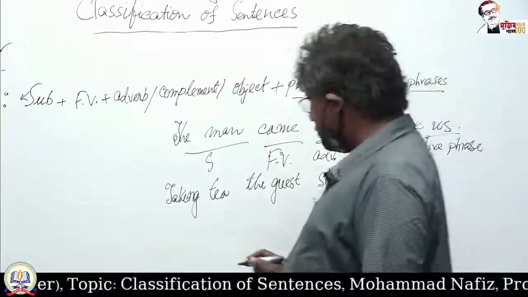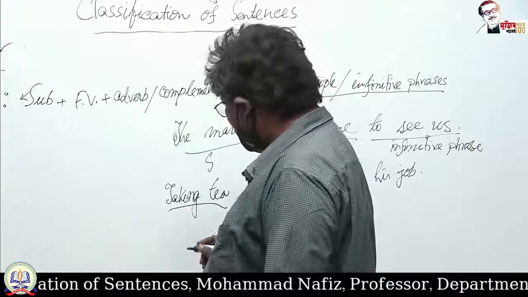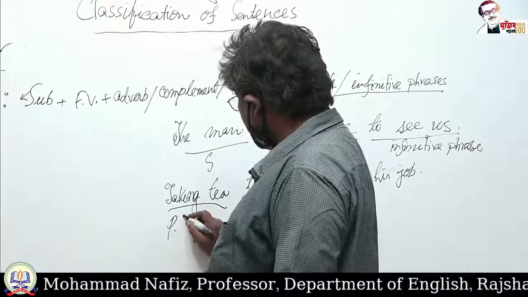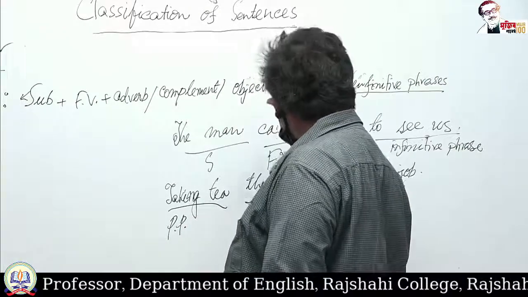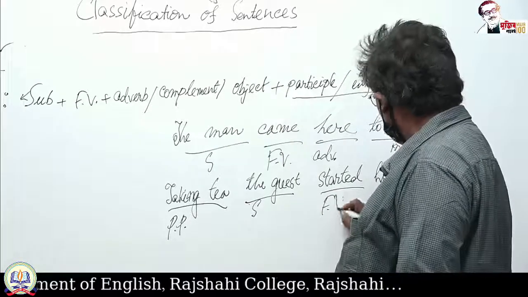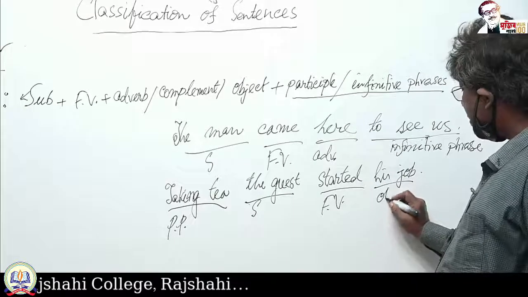In this sentence, you see, the sentence starts with a participle phrase, present participle. The guest is the subject, started is the finite verb, and his job is the object of the sentence.